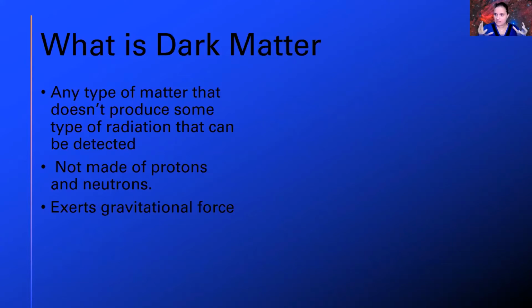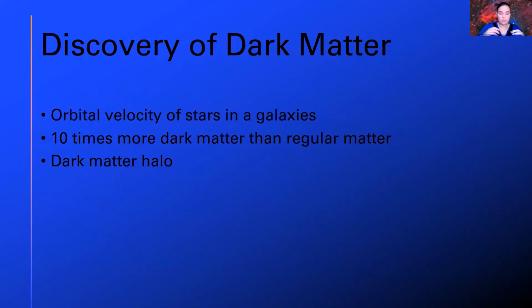So how did we discover this idea of dark matter, that this wasn't just something written up on a chalkboard, but it was actually discovered? Well, we were looking at different galaxies and we were noticing motions of the stars in those galaxies, and we were able to calculate, okay, given the mass of this galaxy and the position of the star within the galaxy, whether it's closer to the center or further out towards the edge, we could get a rough idea of how fast those stars should go.